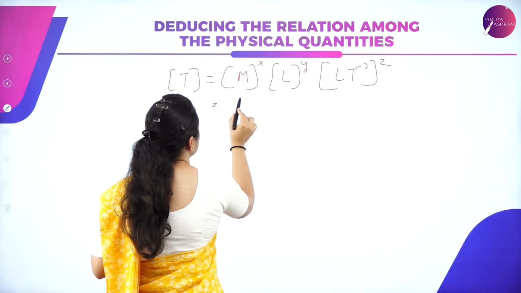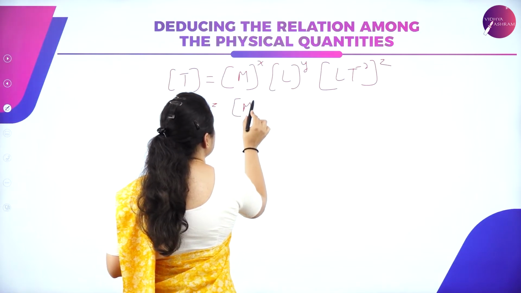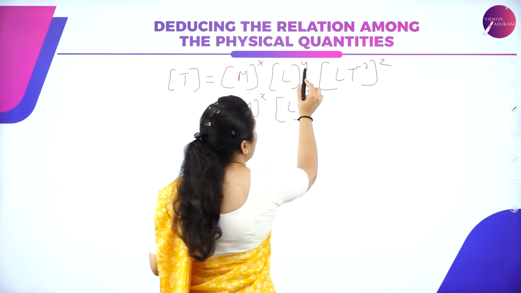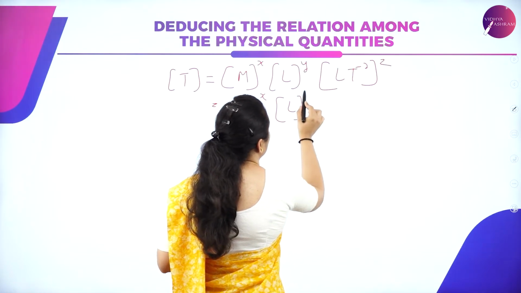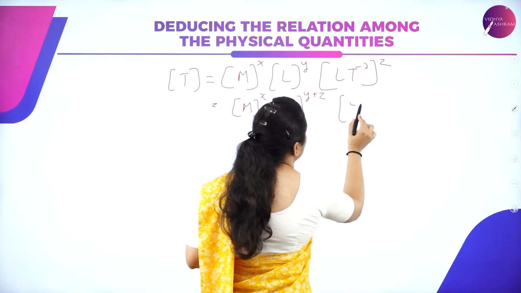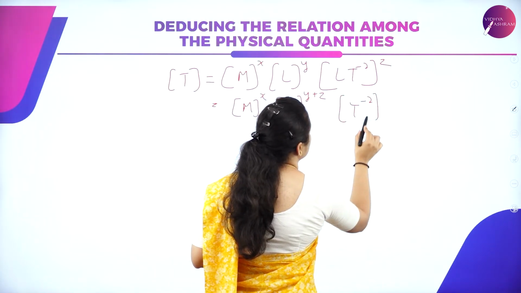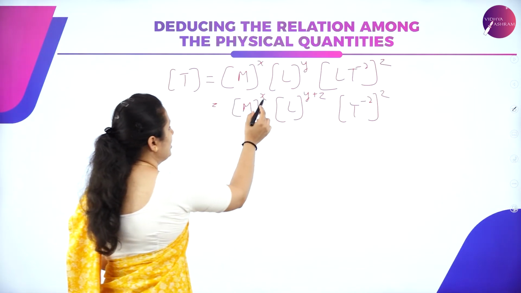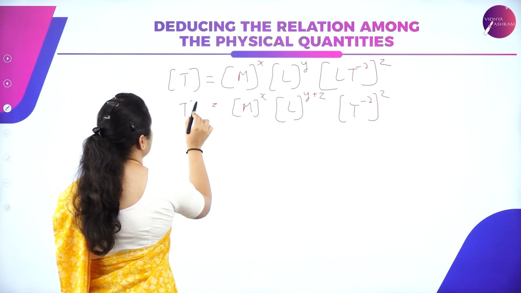So I can write this as M^x L^y L^z, which I can combine as L^(y+z) and T to the power minus 2z. So further on equating, I have T here.